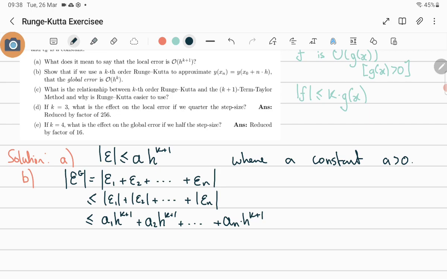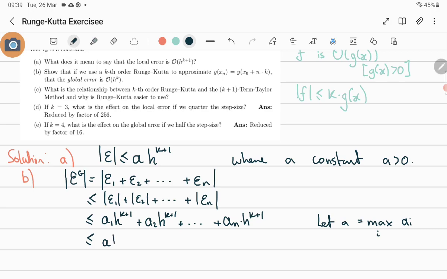Now let's take the biggest one. Let a be the maximum of the a_i, and they're all supposed to be positive, as we wrote above.